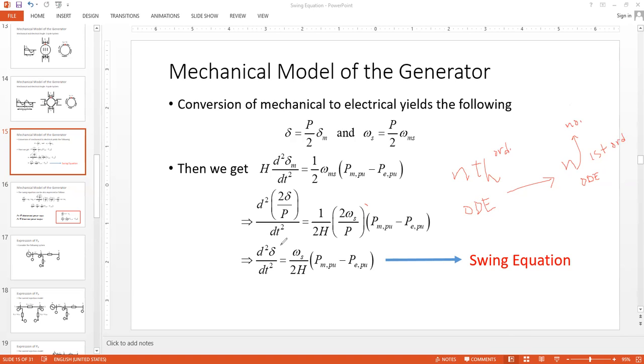So because we have a second order equation, we can always get an equivalent representation of this second order ODE by using 2 first order ODEs. Here for our system, n is 2. So any second order ODE system can be replaced by 2 first order ODEs. Let's see how we can do that.